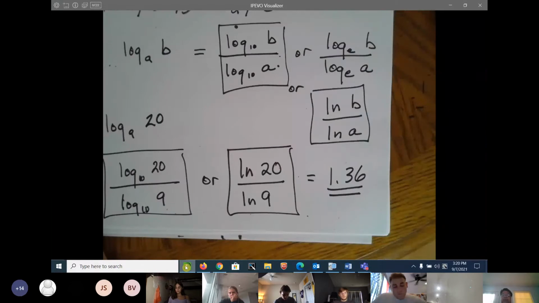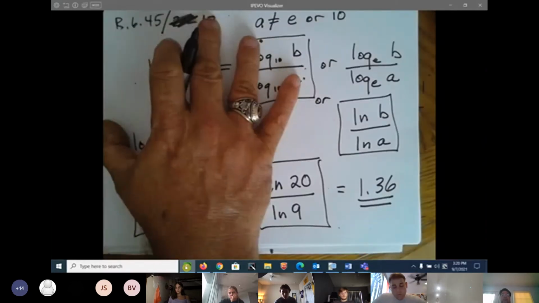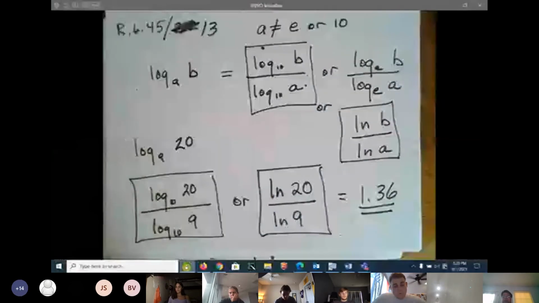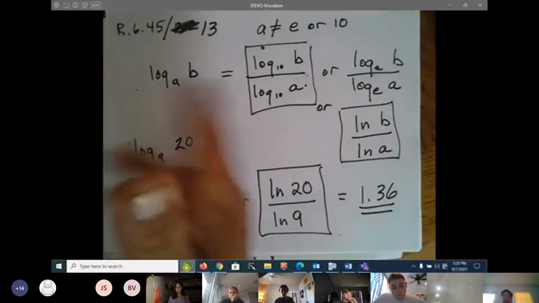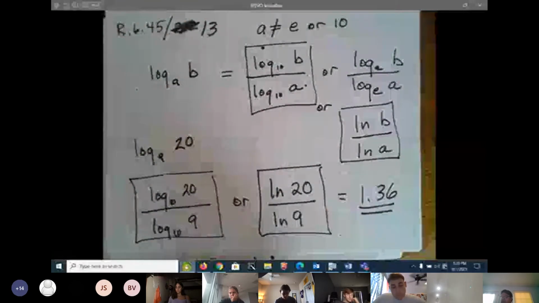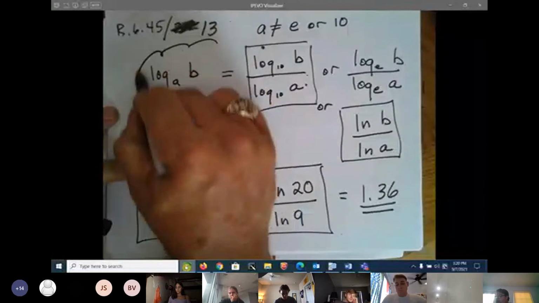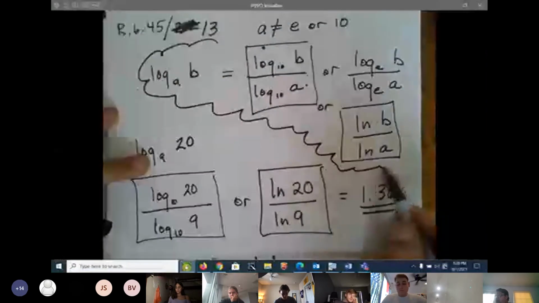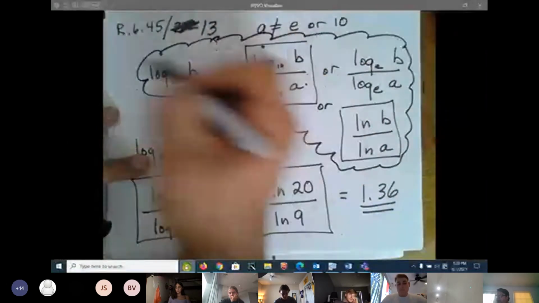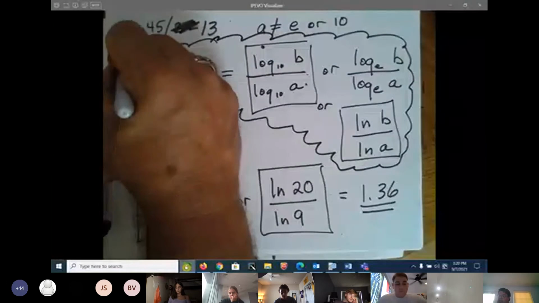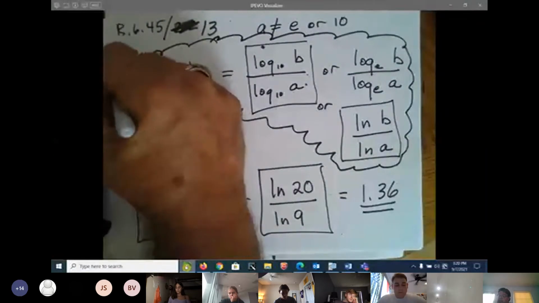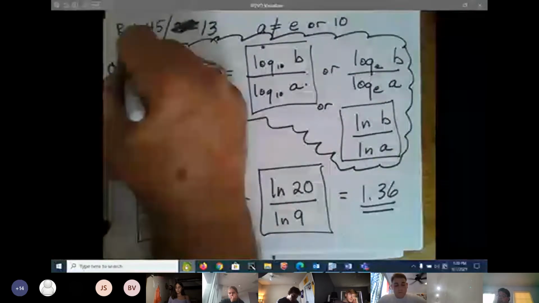There's a couple on the test like that. If you miss them, don't tell anybody because those are real simple. This is the actual property. It's called the change base formula.